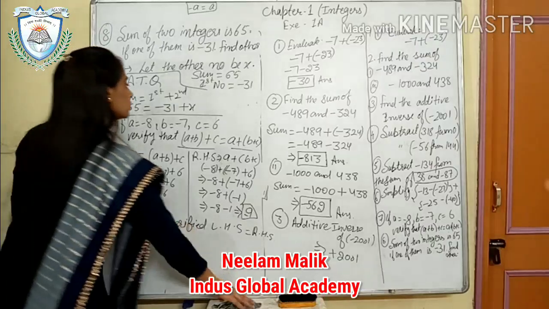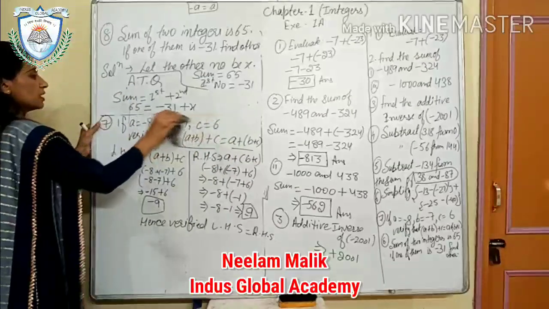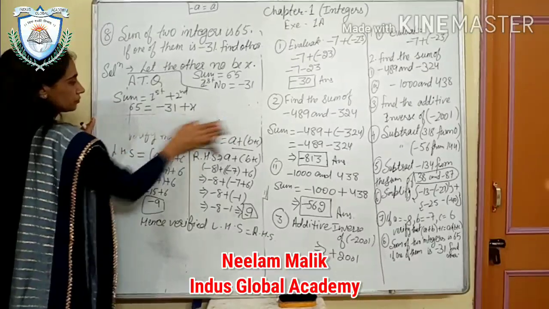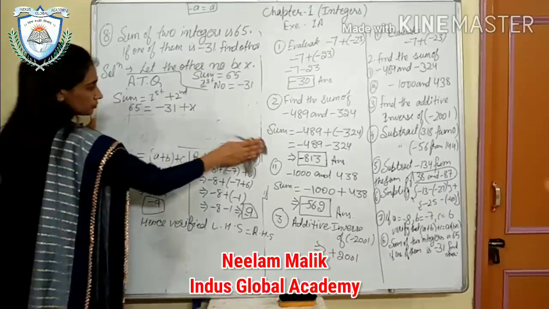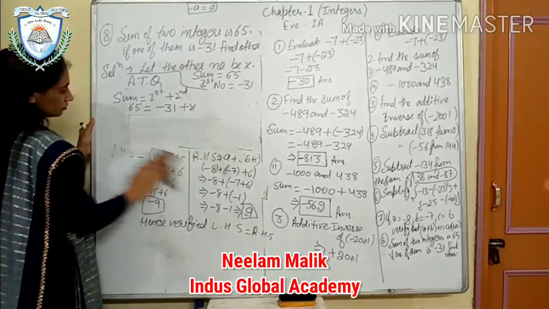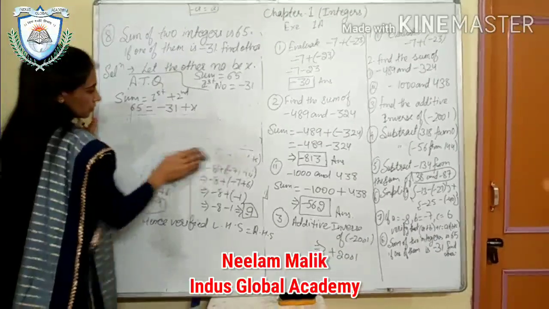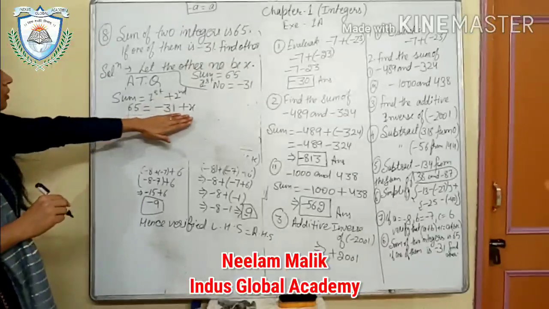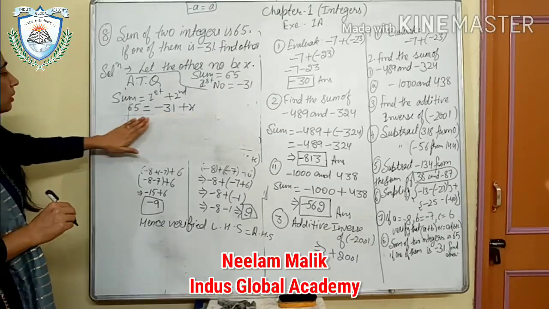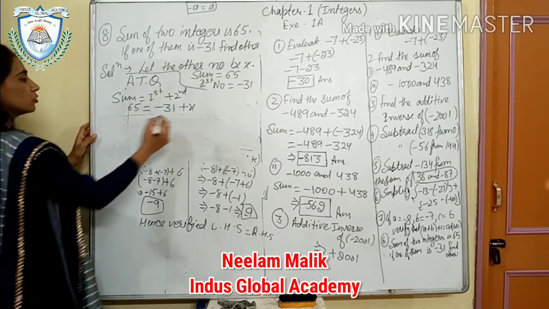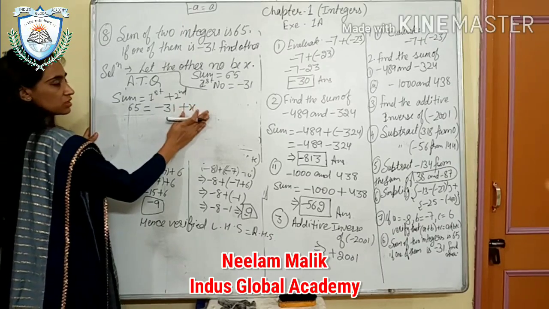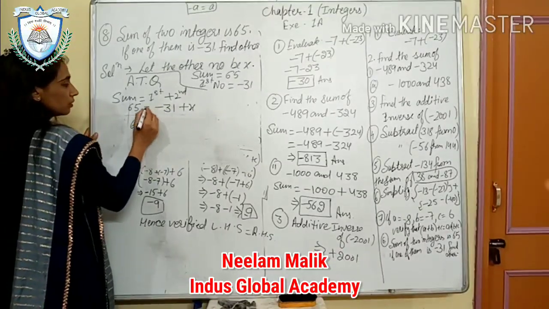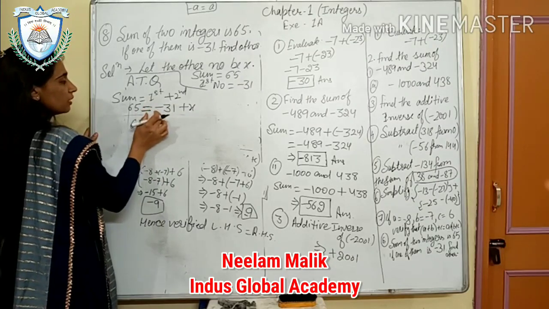So we will solve this equation here. Here is x and there is 65. So we will put x on one side and the remaining on the other side. 65, this is the equal sign.